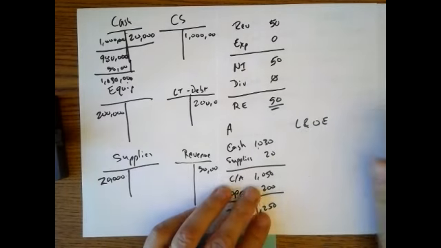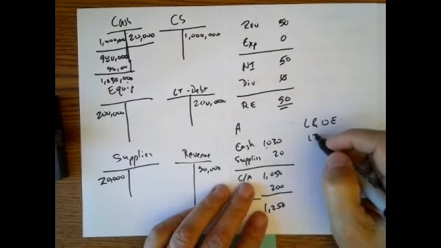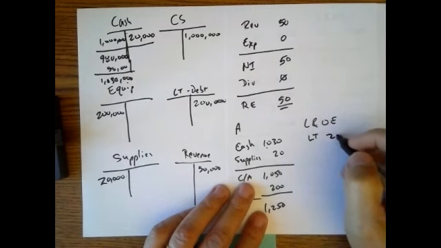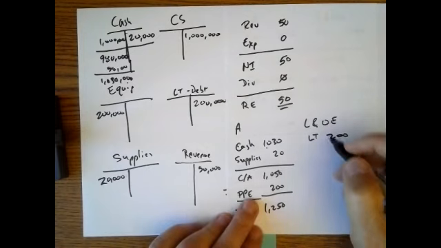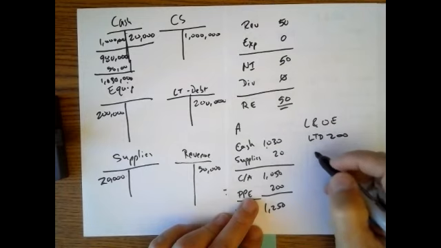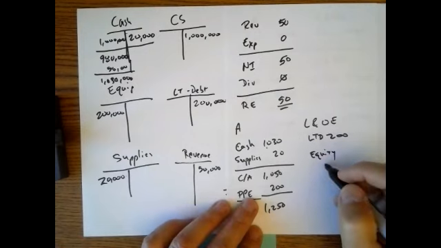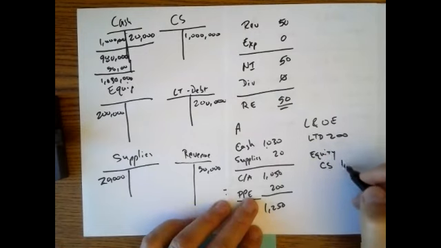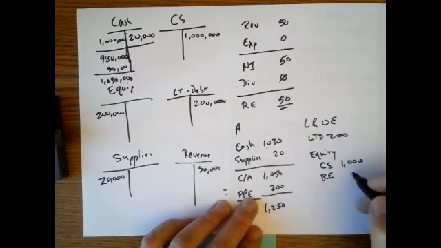So we have long-term debt of 200, and that is all of our liabilities. Then we have equity, and I now have two different equity entries. I have common stock for $1 million, and I have retained earnings of 50.